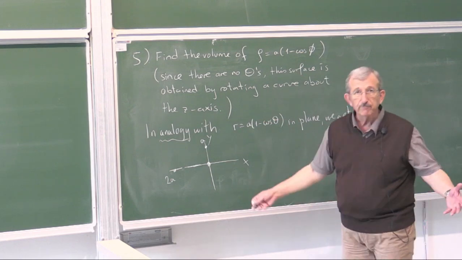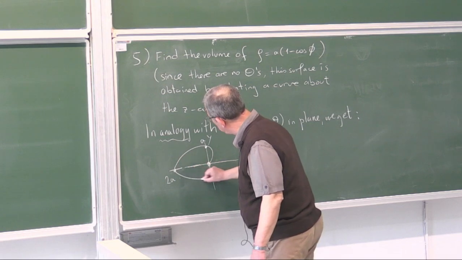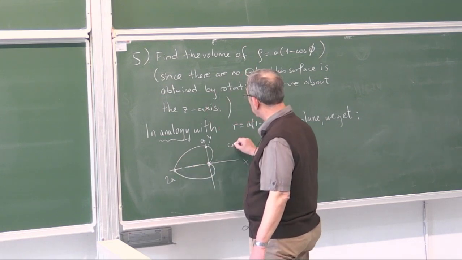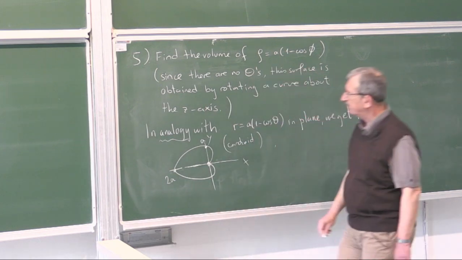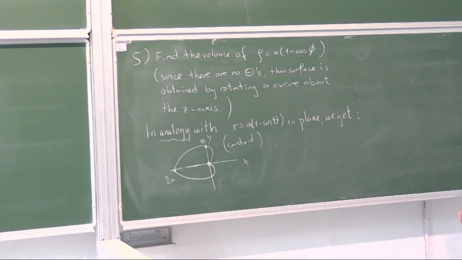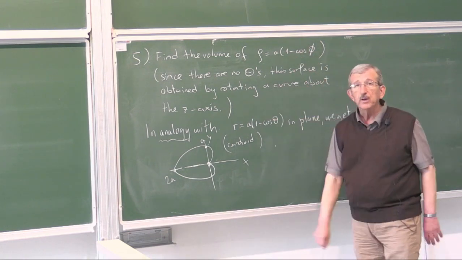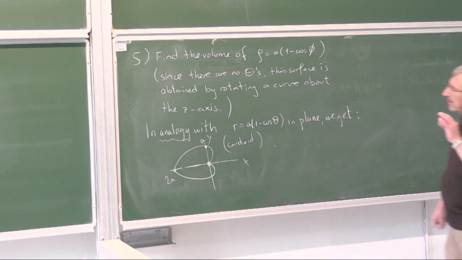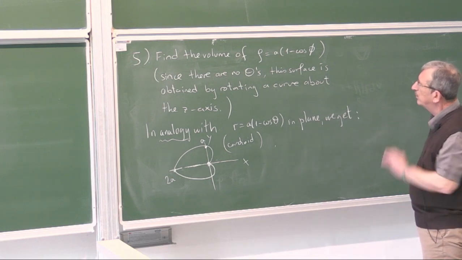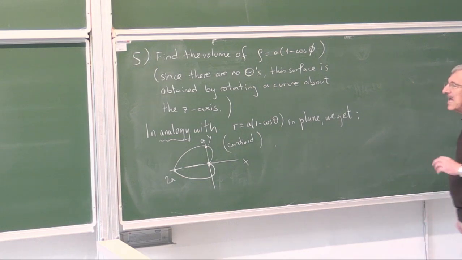So you can now visualize. So it follows that we have a cardioid. Now, this is quite analogous to this one, only for a fixed theta, rho is the distance from the origin to the point, as in r.